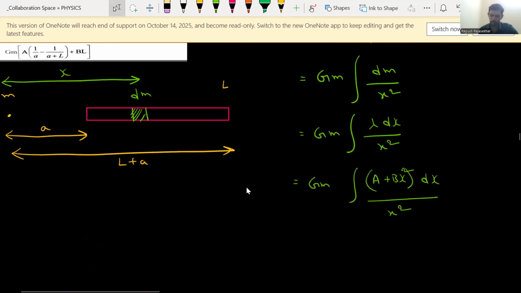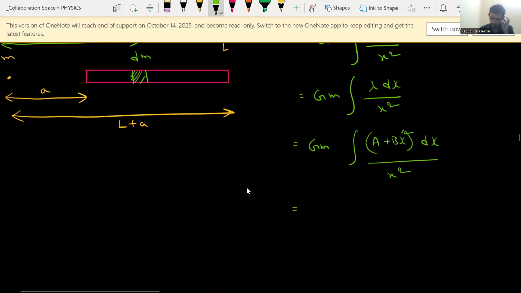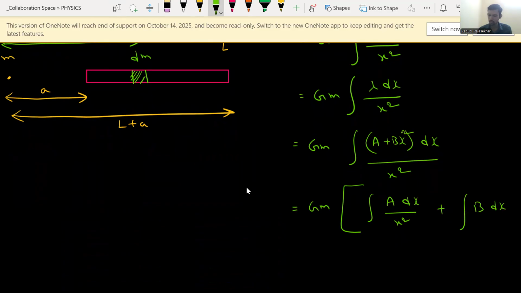Now integrate separately: GM as it is, integration of a dx divided by x square, plus integration of b dx. The x square gets cancelled for the b term, so directly I have written b dx.